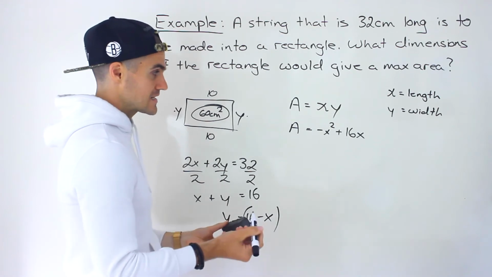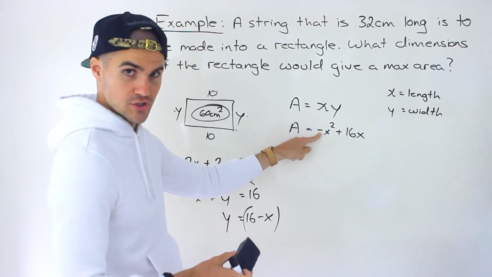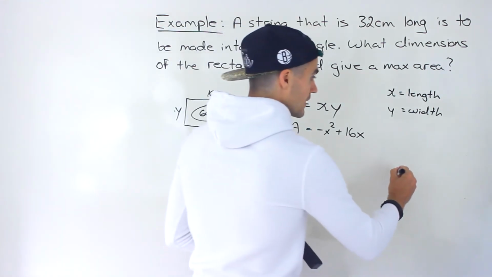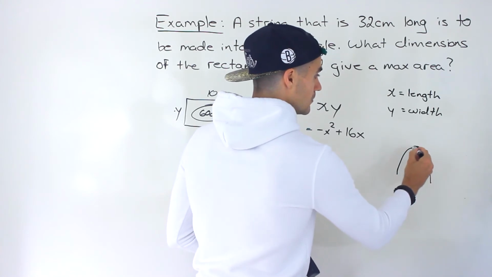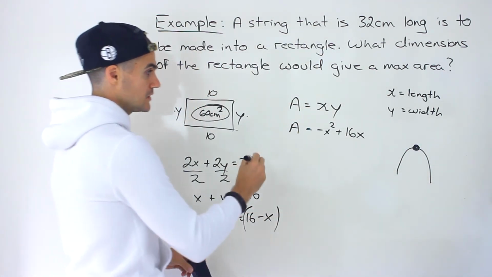It is going to give us a maximum because the leading coefficient is negative, this negative 1, meaning it's a parabola that opens down, so the vertex we get is going to be a max point. So let's complete the square on this.